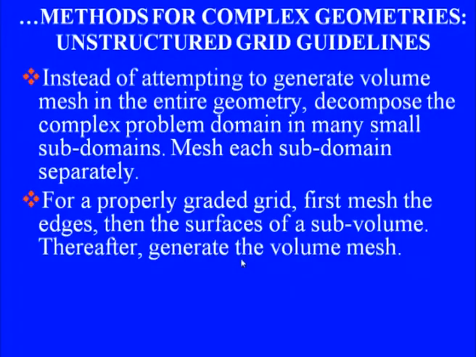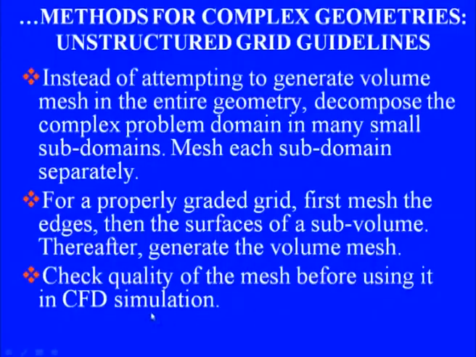So the steps would be: grid the edges, from edges go to the surfaces, and then starting from surfaces obtain a volume mesh. Both of these guidelines are very important: decomposition in subdomains and then a stepwise procedure for meshing each subdomain.